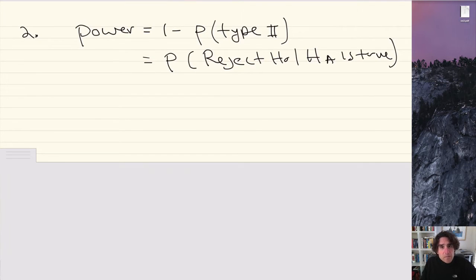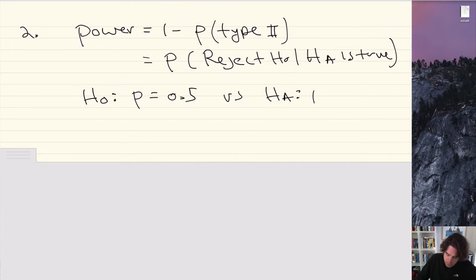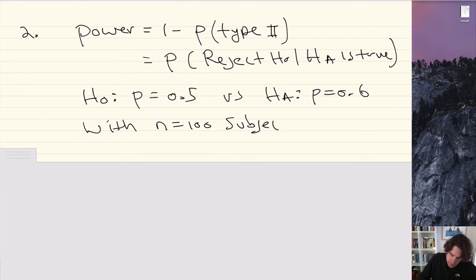So we can talk about the power of a statistical test for a specific alternative. So, for example, suppose we were testing H naught, that P is equal to 0.5, versus the alternative that P is equal to 0.6, with n equal to 100 subjects.